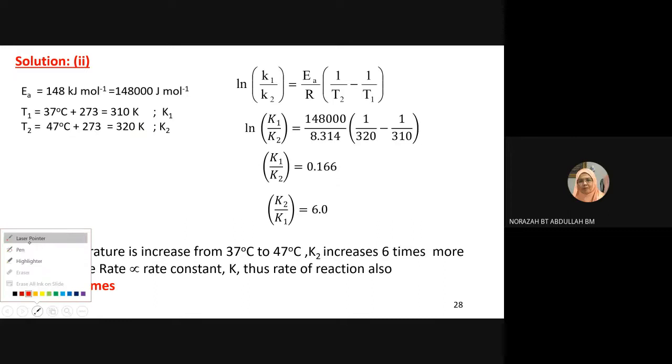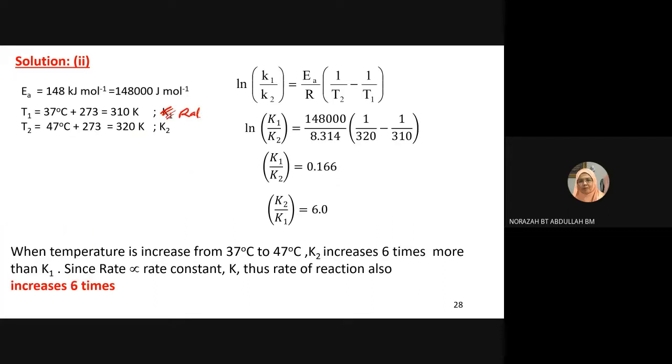Okay, kita katakan ini rate yang pertama. Ini adalah rate yang kedua. Okay. Kita nak lihat apabila temperature increase, sebelum tu T1 37 degree Celsius, kita convert kepada Kelvin, plus 273, 310 Kelvin. T2 47 degrees, convert kepada Kelvin, plus 273 dapat 320 Kelvin. So ini rate yang pertama, ni rate yang kedua.